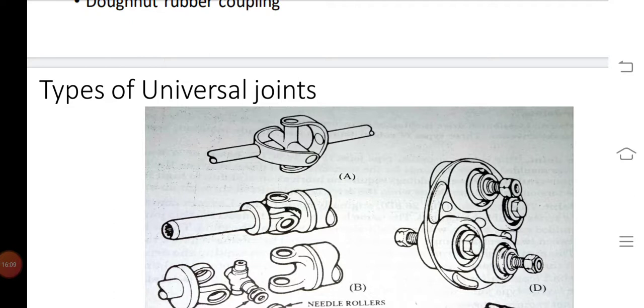These universal joints are capable of transmitting torque and rotational motion from one shaft to another when their axes are inclined to each other by some angle. So the speciality of the propeller shaft is that it contains the universal joint. That's why the propeller shaft can transmit power at an angle.